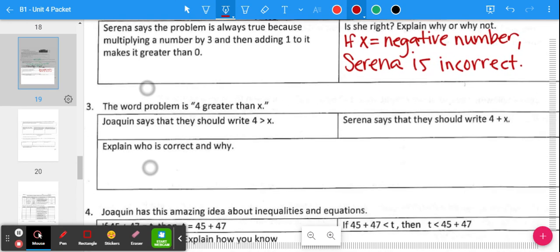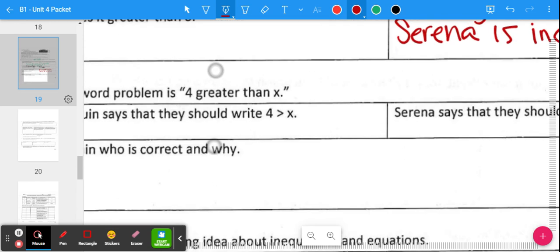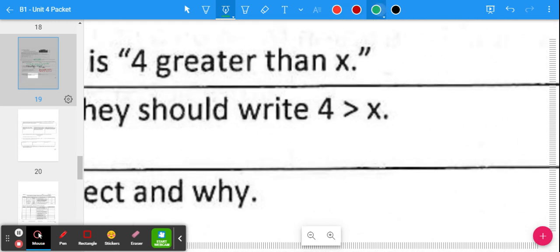So then we move on to the next one. It says the word problem is 4 greater than x. So this kind of goes back to that example problem where they had 6 less than a number. So when we have 4 greater than x, that actually represents addition. So Joaquin says they should write it as 4 is greater than x.